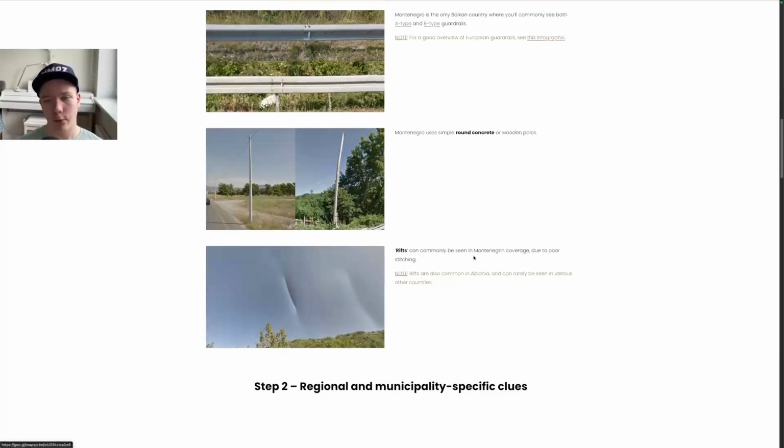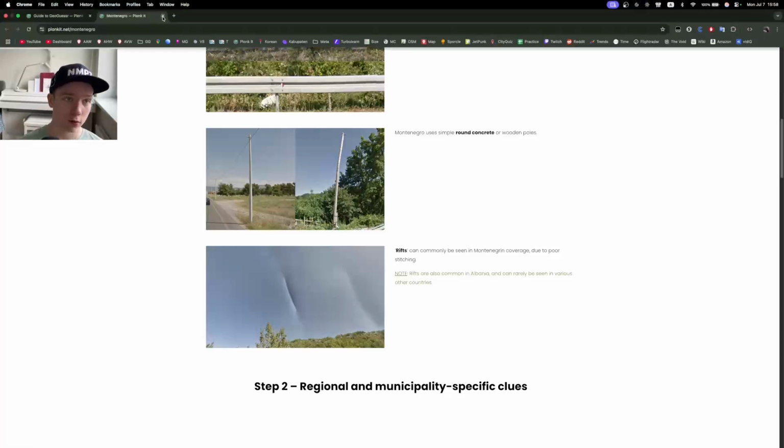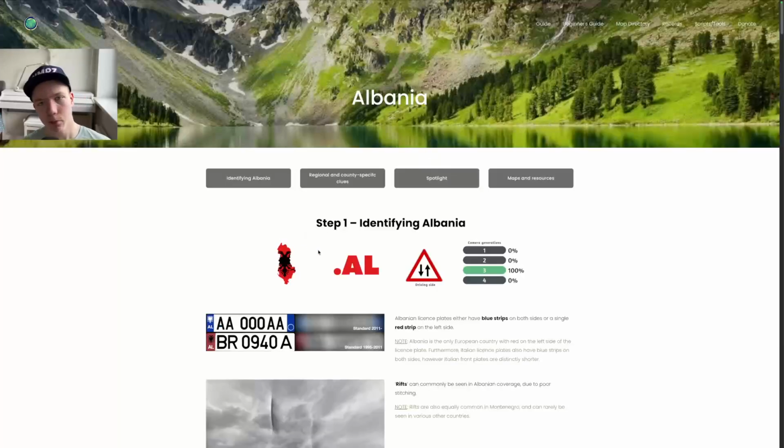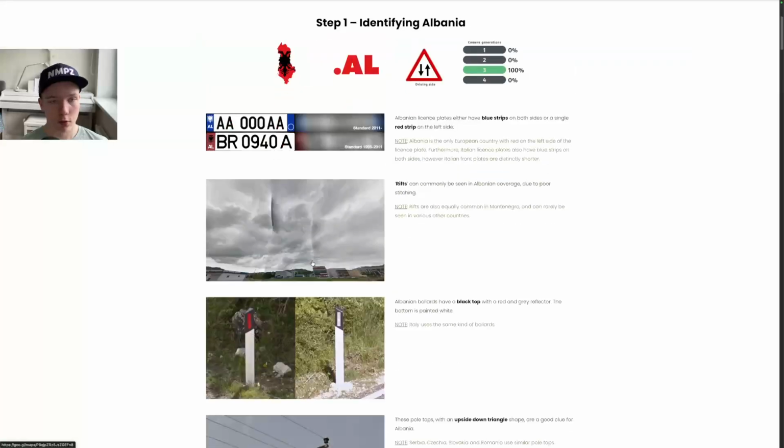Yeah, poles and rifts in the sky. Also, you can see those in Albania and sometimes in a lot of other countries. For example, even Senegal. I mean, Senegal obviously does look really different, but remember that. Albania. Actually, in Albania you can sometimes see these red strips on the left side of the plate, but sometimes you just see the European plate with the blue on both sides, which is the same as Italy.